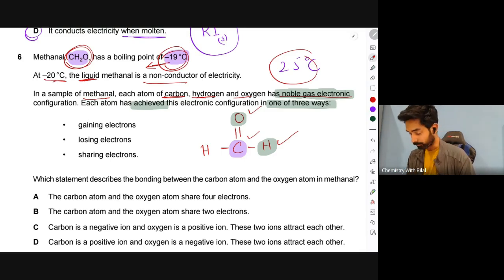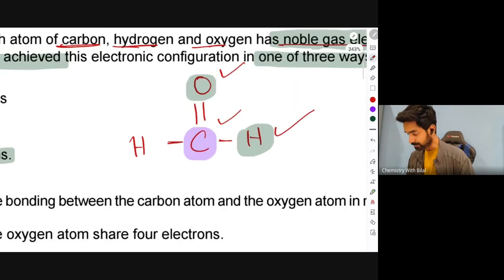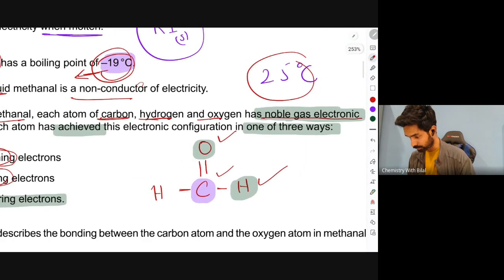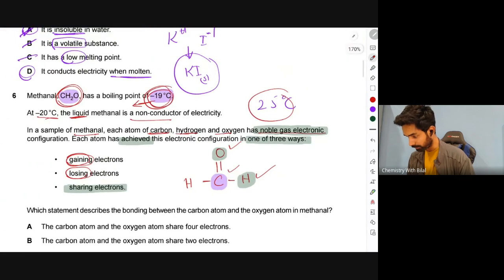What do you think? Do they achieve this configuration by the gain of electrons, or by the loss of electrons, or, most important, by the sharing of electrons? Since it doesn't conduct electricity, it is a non-conductor, and it has a very low melting point. So what do we conclude from this?